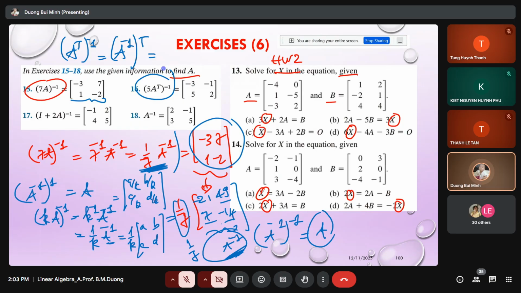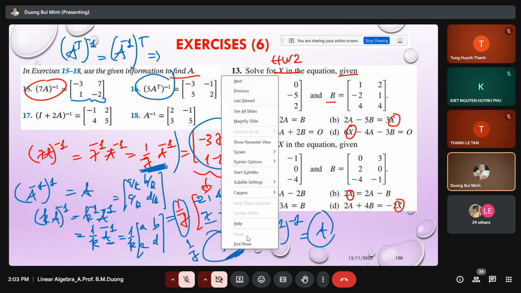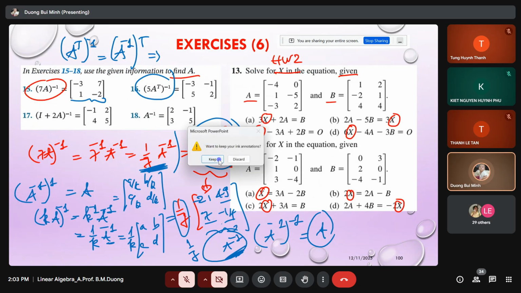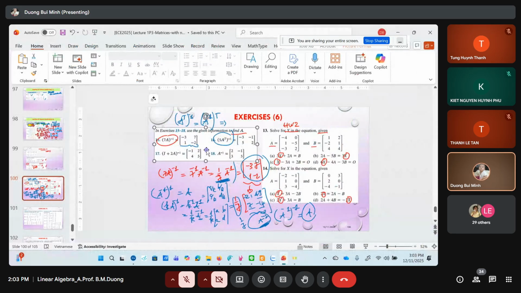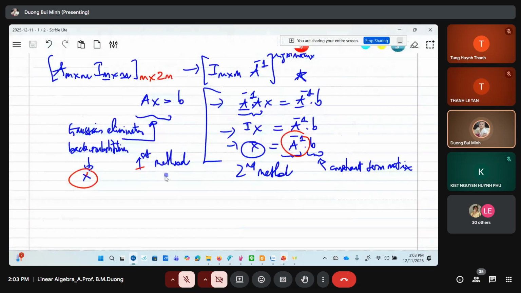Oh, here we have 5. For here we don't have more space, so I will copy it and move to here.